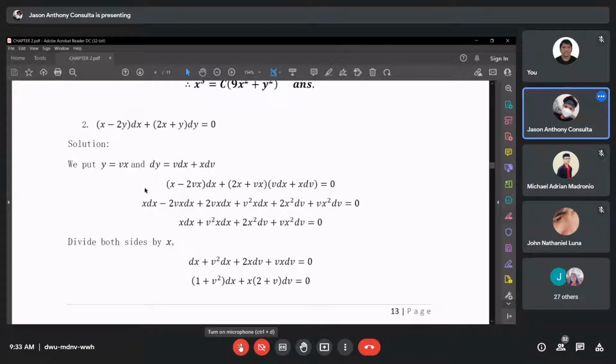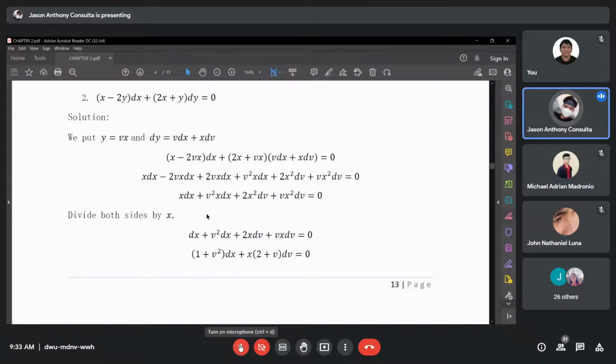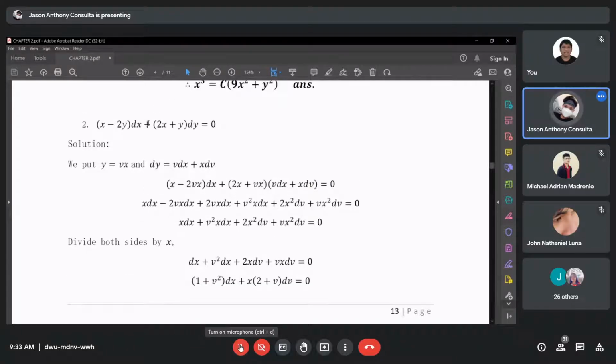Parehas. So, yung ginawa ko dito is y, substitute ko yung y is equal to vx and dy is equal to v dx plus x dv. Then the same. Anyway, step by step naman ito. Hindi naman ako mag-shortcut dito. Then after simplifying, ang unang gagawin is determine kung anong term ang may relative simplicity.